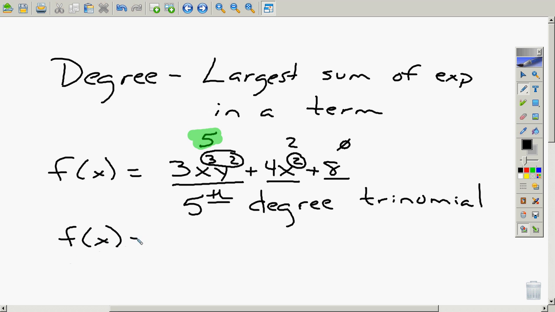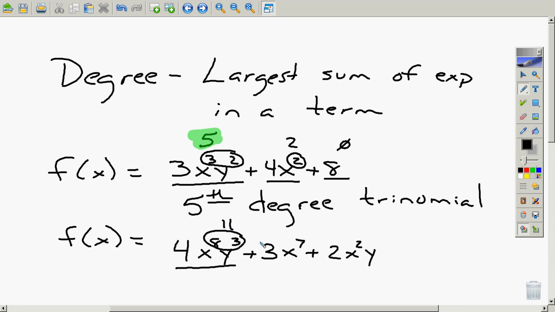I'll give you another example here. Let's say 4x to the 8th y to the 3rd plus 3x to the 7th plus 2x to the 2nd y. Let's go through the same thing. This term has a degree of 11.